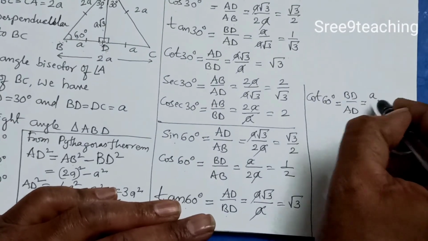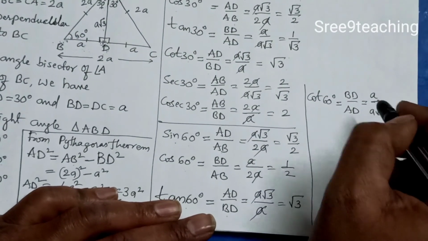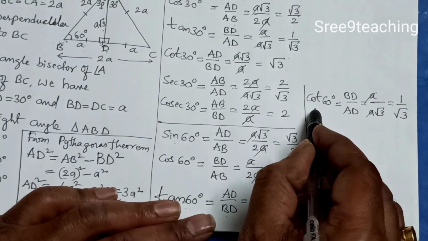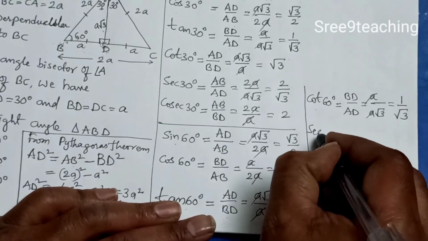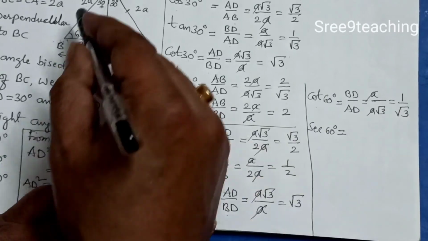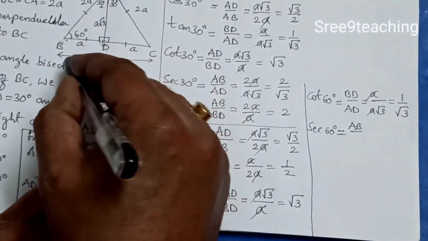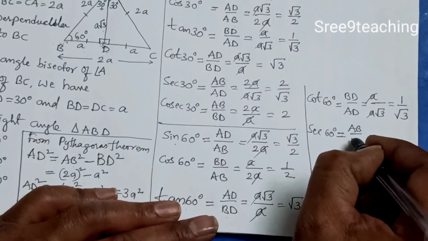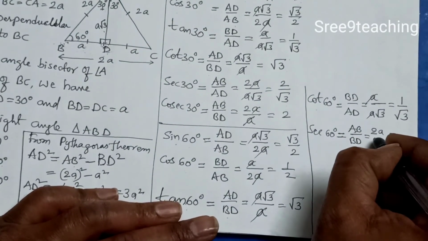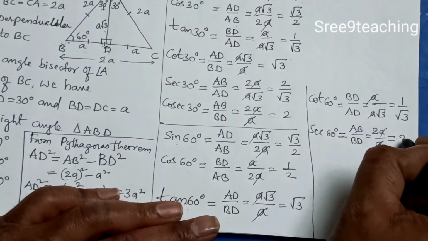A by AD value A root 3. A gets cancelled and it is 1 by root 3. So cot 60 degrees we got 1 by root 3. Next, sec 60 degrees. That is hypotenuse by adjacent. So AB by adjacent, BD. What is AB? 2A. What is BD? A. A gets cancelled, its value is 2.